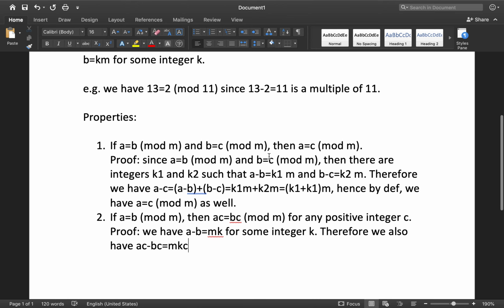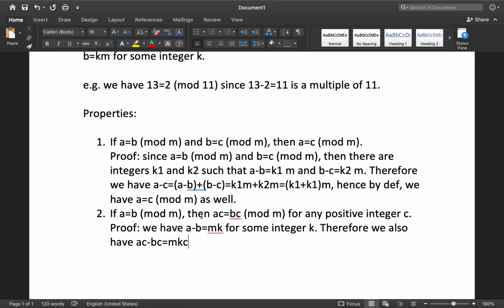Therefore, you had better translate all the given conditions into equations. Then you can use the equations. So here we have ac minus bc equals mkc, and you can say you have kc times m. So kc, of course, is another integer.